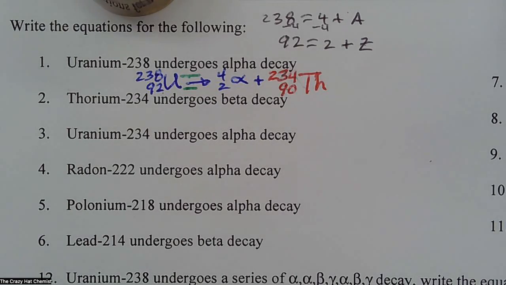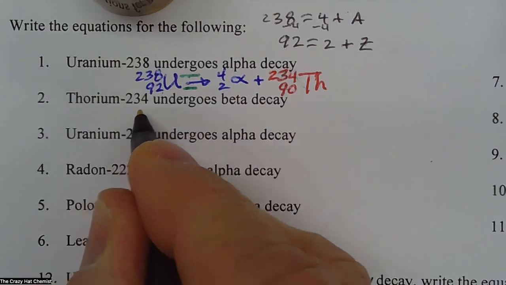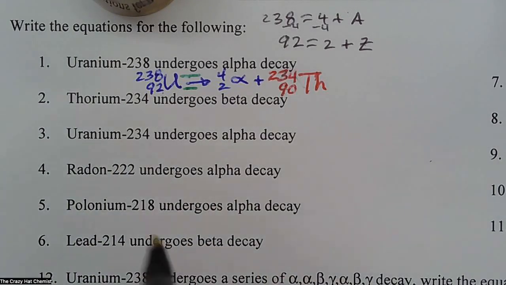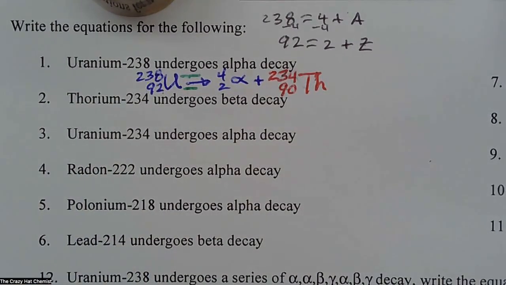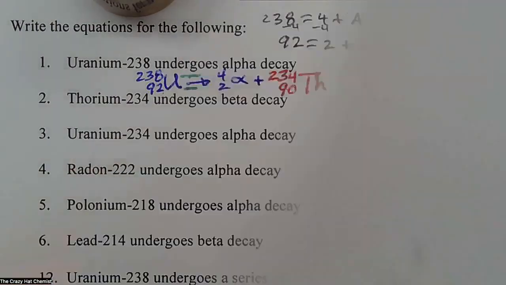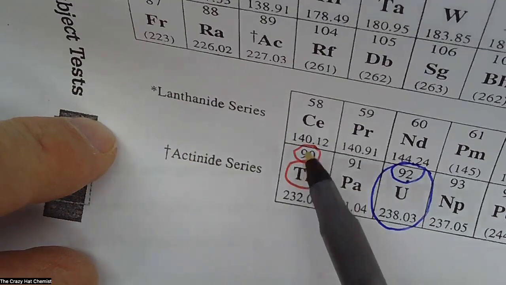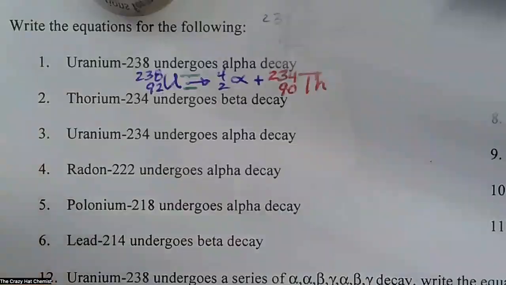All right, so let's get moving on to number 2, like I said before. Here we go. We're going to write thorium-234 undergoes beta decay. So we're going to start off with thorium and 234. And what is thorium? This is thorium right here, atomic number 90.